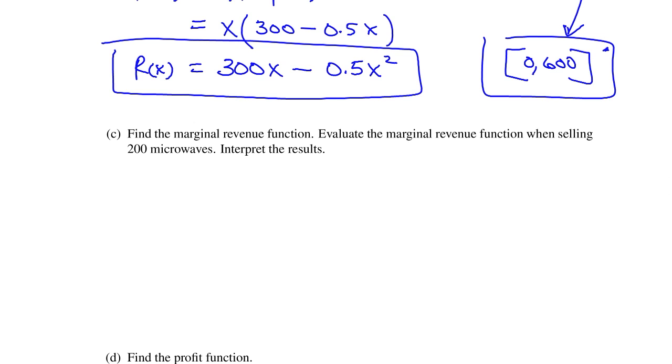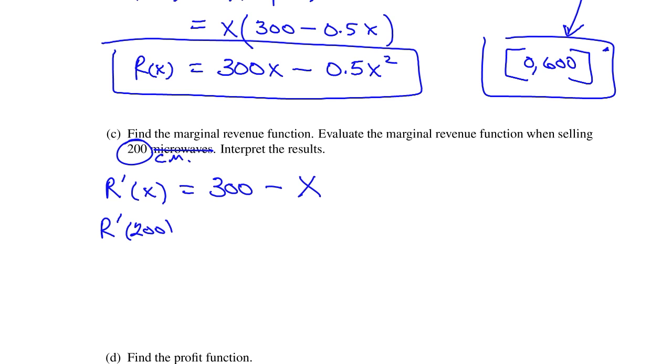Question C, evaluate the marginal revenue when selling 200 coffee makers. So marginal revenue is the derivative of the revenue function, so that would be 300 minus x, because 0.5 times 2 is 1, so it's just 1x. Evaluate the marginal revenue when x is equal to 200. So it would be 300 minus 200, which is equal to 100.